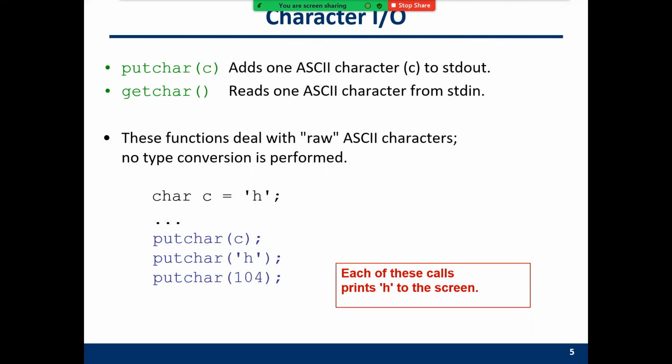So here are some examples. We declare the output H, correct. The output code is 104.